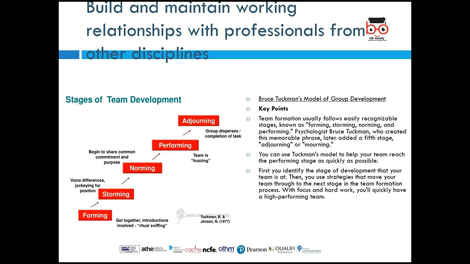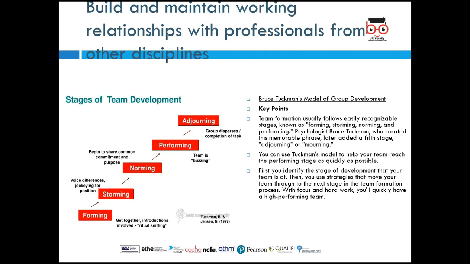So it will move from the storming to norming, where they begin to share common commitment of purpose. And then once that has been done, they can also move on to performing, when the team will actually be doing its work. And then the last stage will be adjourning, when the group will disperse and then complete whatever task is assigned to them.